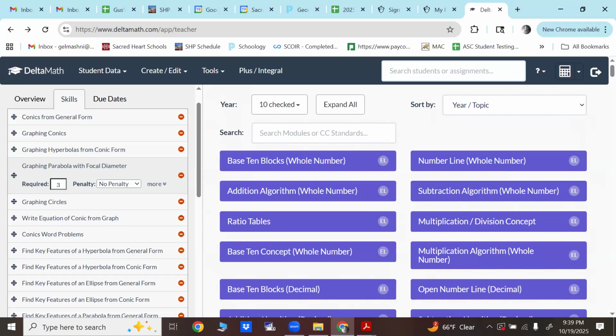Really quickly, what calculator should we bring to this test? I'll have four-function calculators, but no scientific. Definitely not graphing, that's for sure.